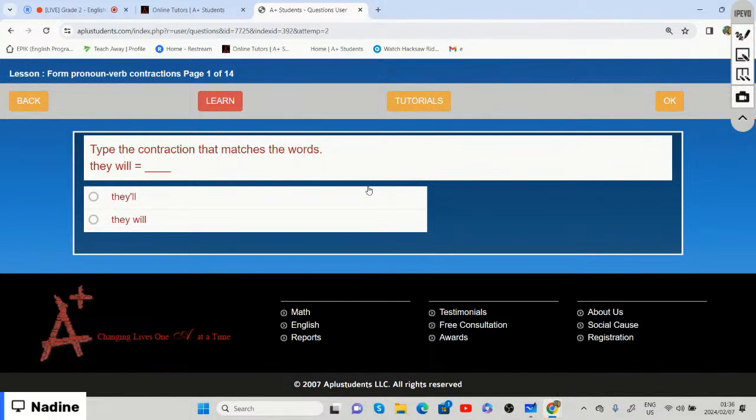So they will. Is they will shortened for they'll, or do we leave it the same as they will? So they will, is it shortened for they'll?